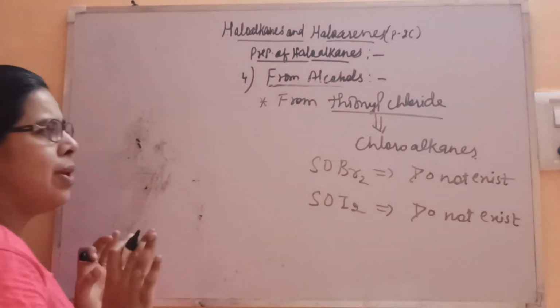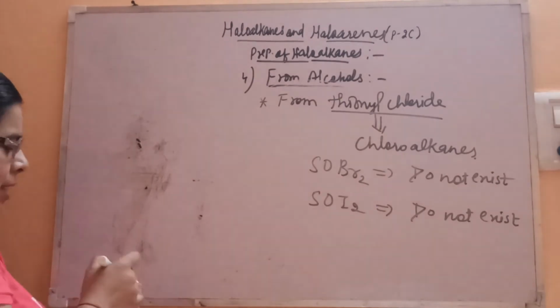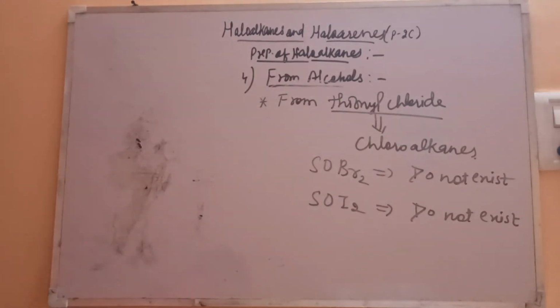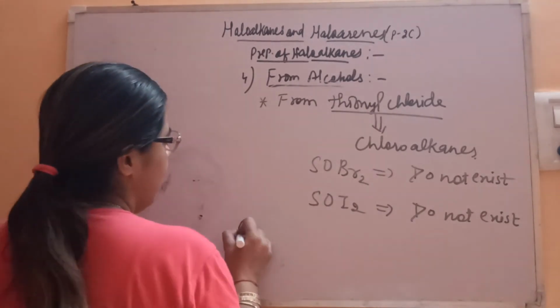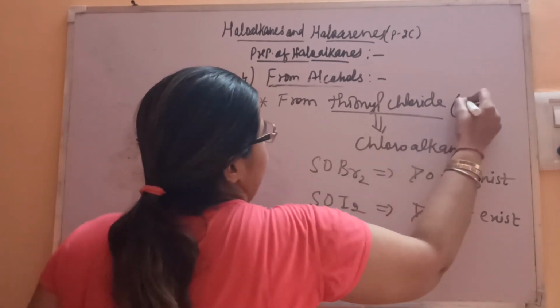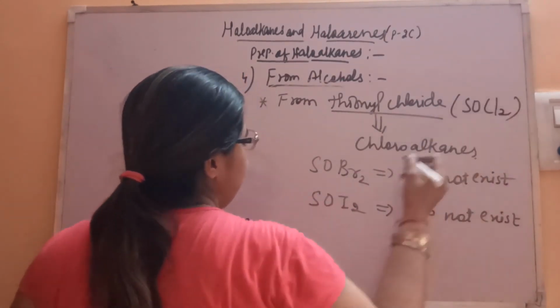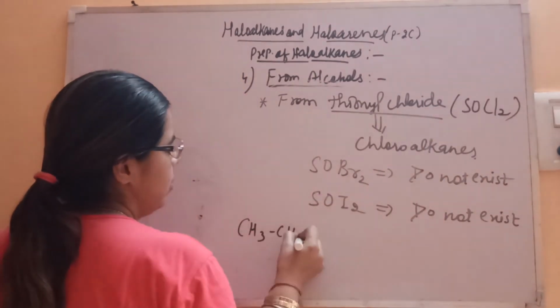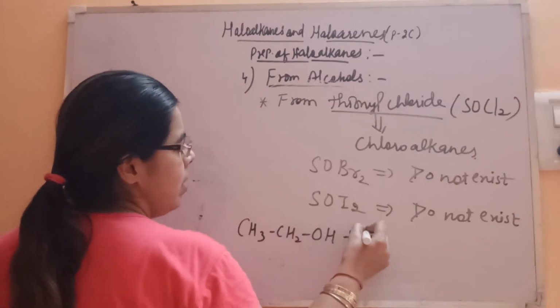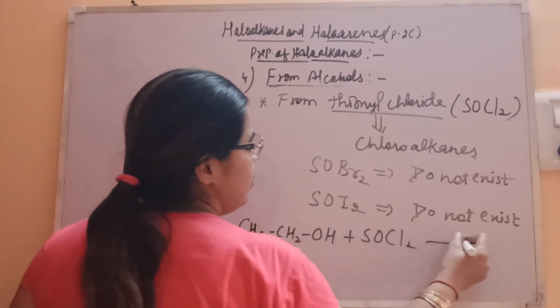So that's why only chloroalkanes can be prepared. So let's see the preparation. We'll take the alcohol. So only thionyl chloride, SOCl2, is stable. CH3CH2OH plus SOCl2 gives you what?